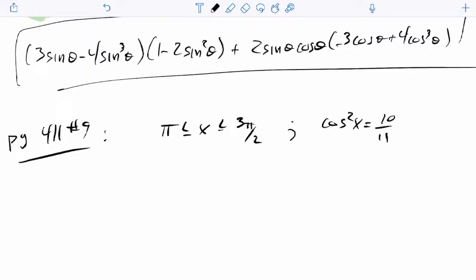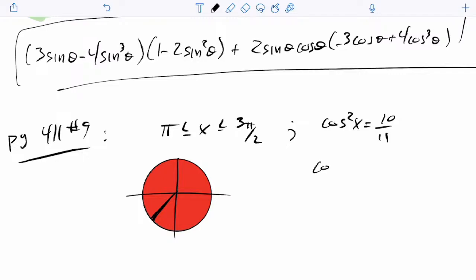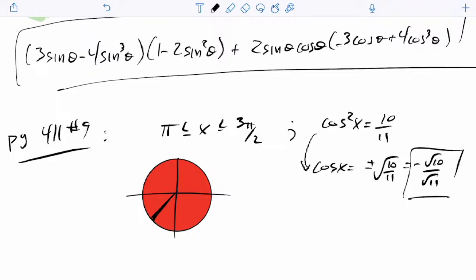It's bounded in this quadrant. You have to look at where we are. If you take a look at the unit circle, I'm in this quadrant here, which means cos is negative. So when I take my square root here, you get plus or minus the root of 10 over 11, but that's going to be equal to negative root 10 over root 11, because of the quadrant I'm in.